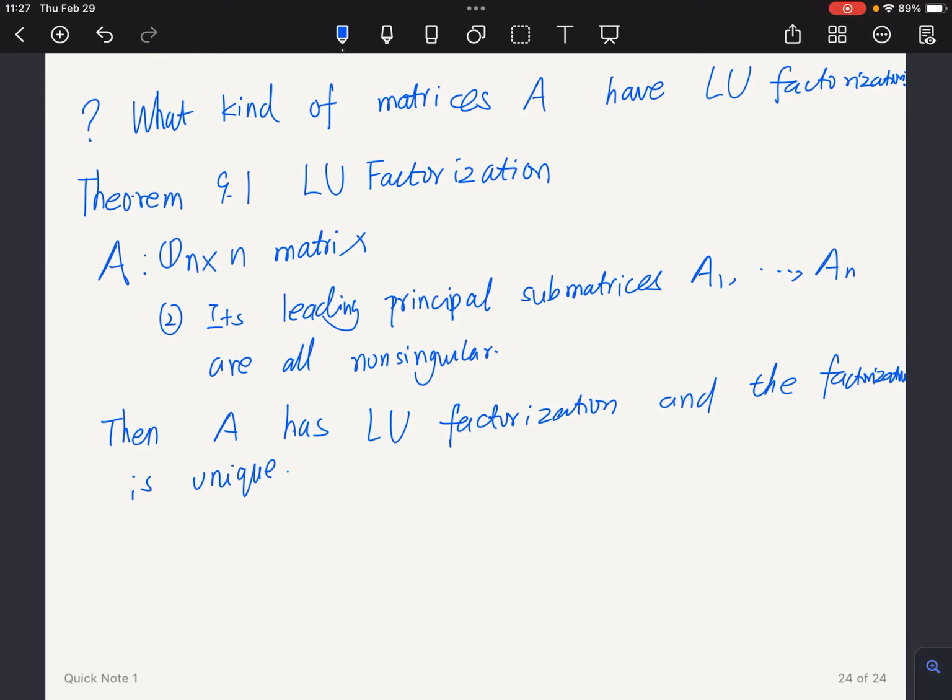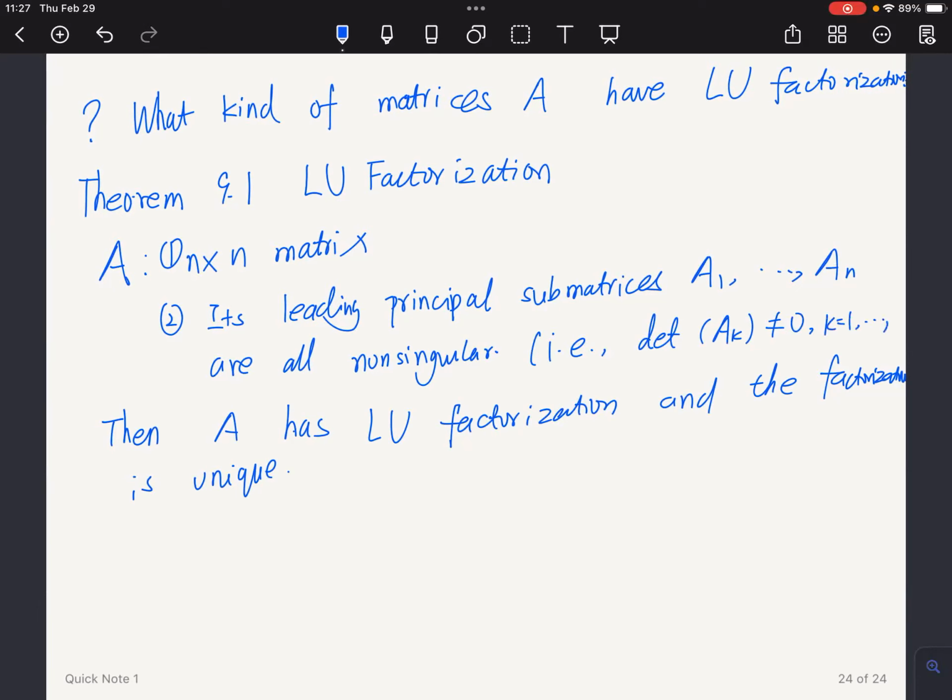We already know what non-singular means, right? It means that the determinant of Ak is non-zero, for k equals 1 to n.